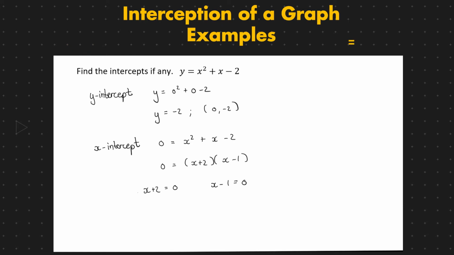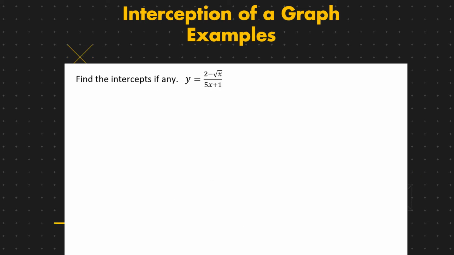If we subtract 2 on both sides, we will have x is equal to -2, and if we add 1 on both sides, we'll have x is equal to 1. So we will have the x-intercepts at (-2, 0) and (1, 0).